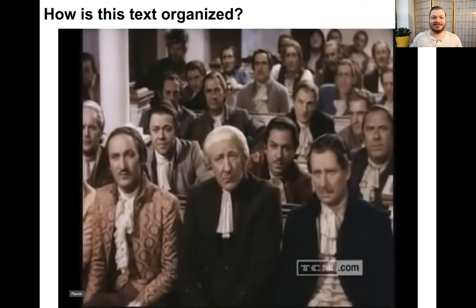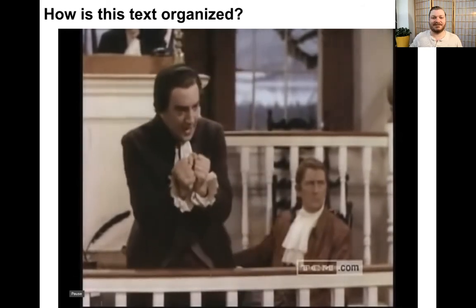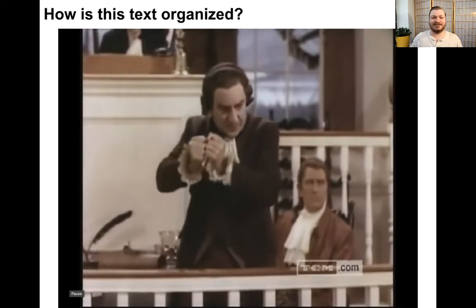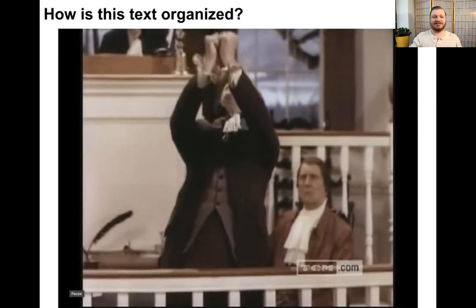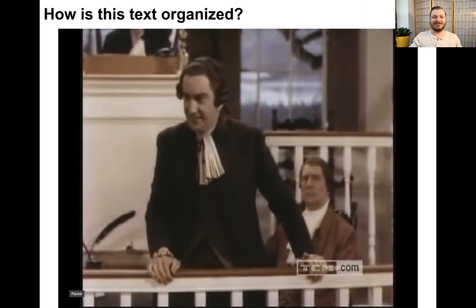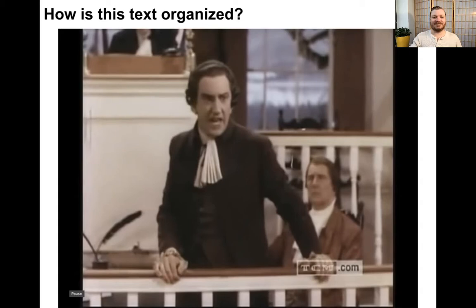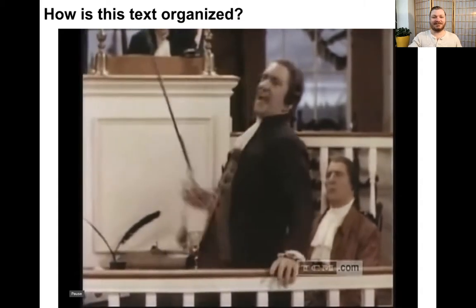What would they have? Is life so dear, or peace so sweet, as to be purchased at the price of chains and slavery? Forbid it, Almighty God! I know not what course others may take, but as for me, give me liberty or give me death!